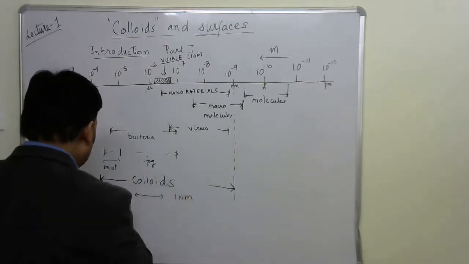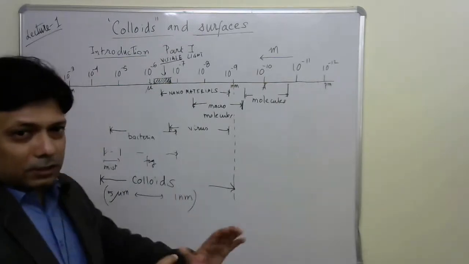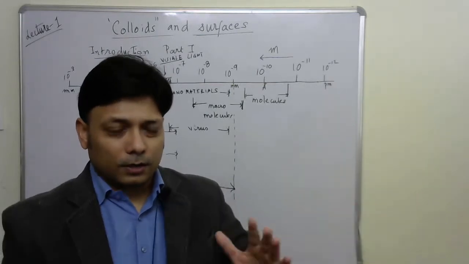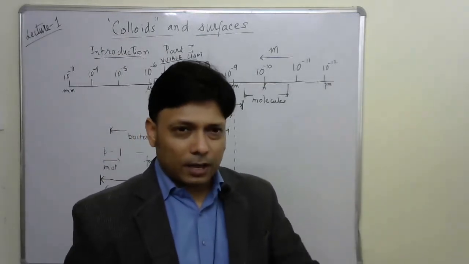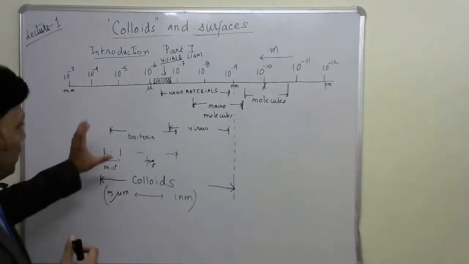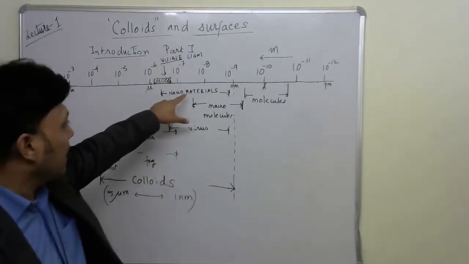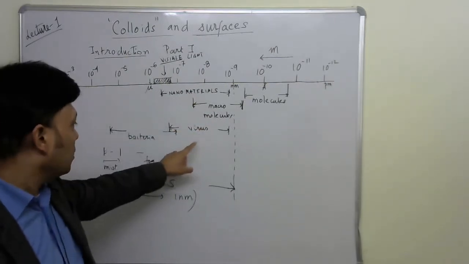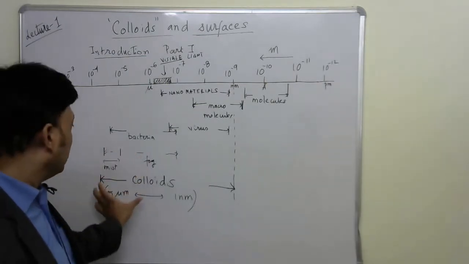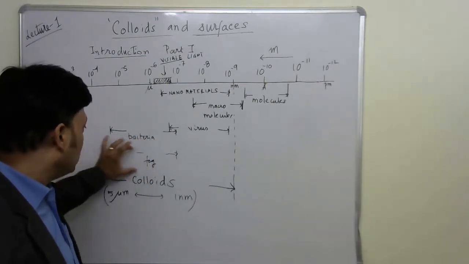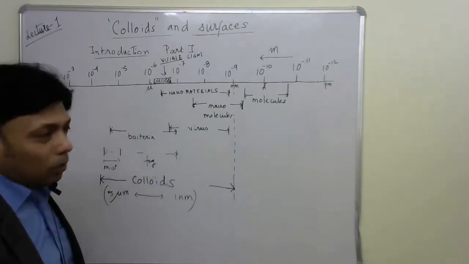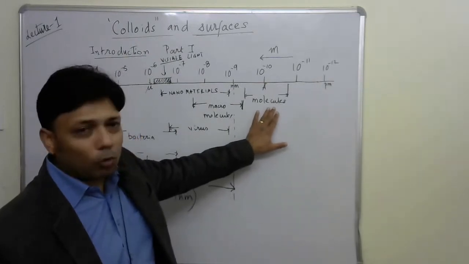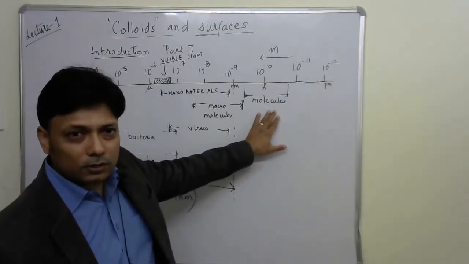So you see this is a huge size range, covering a great deal of many different size zones. It overlaps with nanomaterials, macromolecules, virus, and bacteria. It includes the mist and fog because these two are actually a class of colloids. What it excludes typically is the small molecules, single molecules.